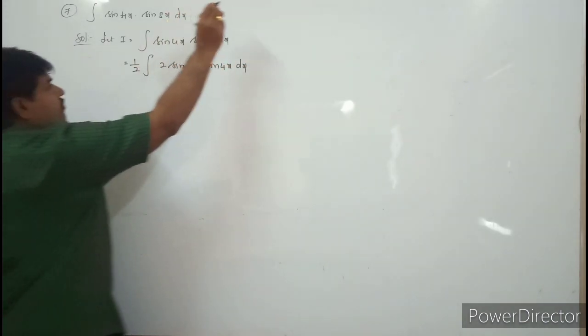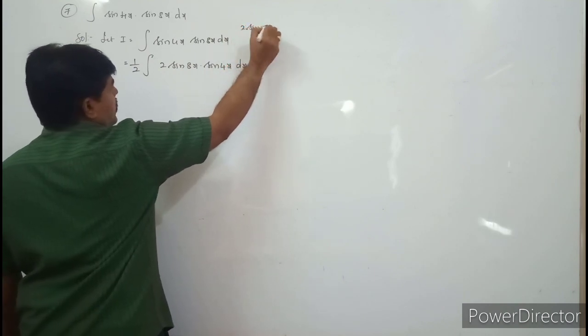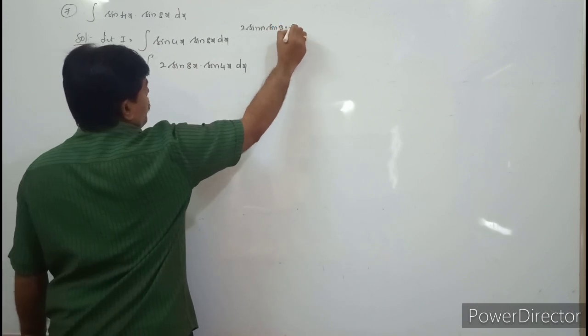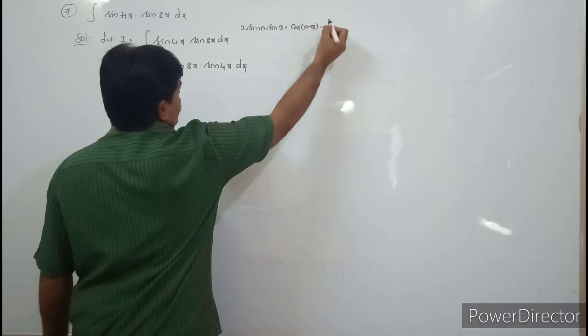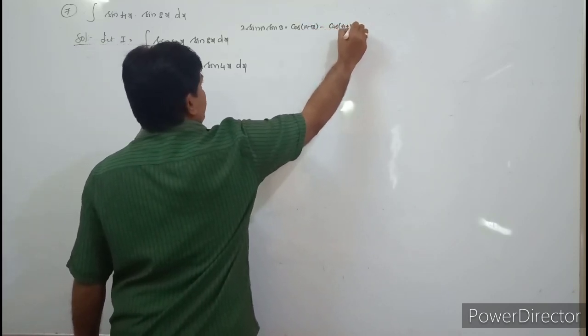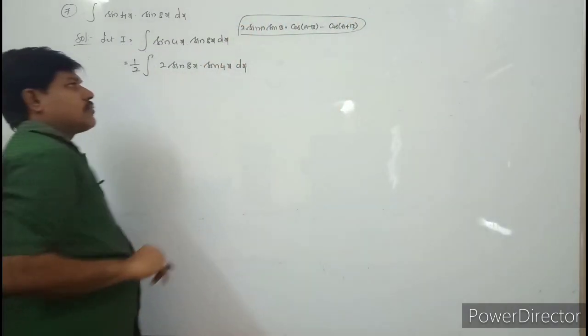I have already given one formula. What is that? 2 sin A sin B, a very important formula, is cos of A minus B minus cos of A plus B. So use this formula here, students.